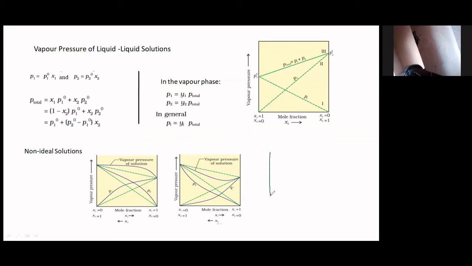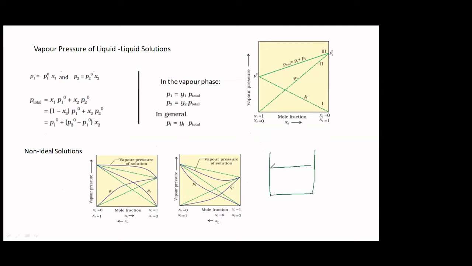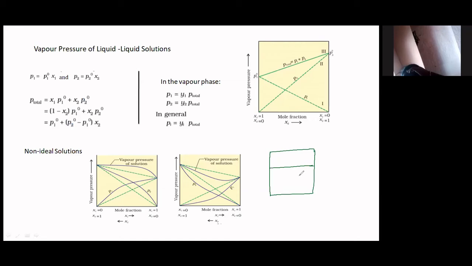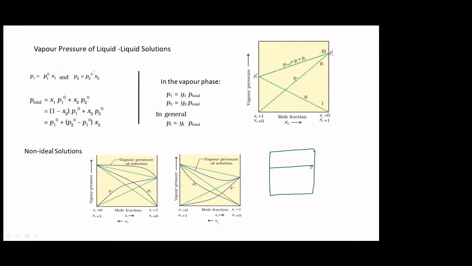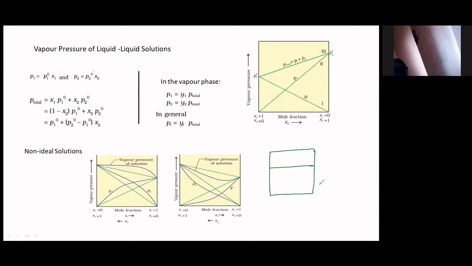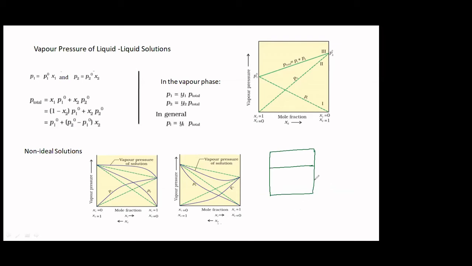But the only thing is you should see whether the vapor pressure is higher or not. They are going to form a solution, they are soluble in it. Whether it is going to show a positive deviation from Raoult's law or negative, that is what is important.